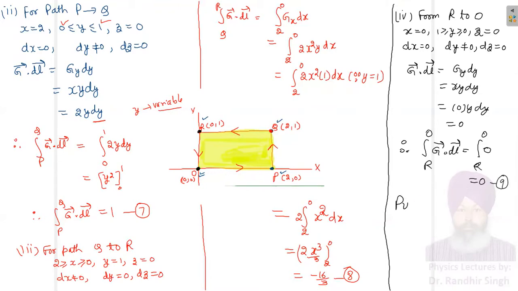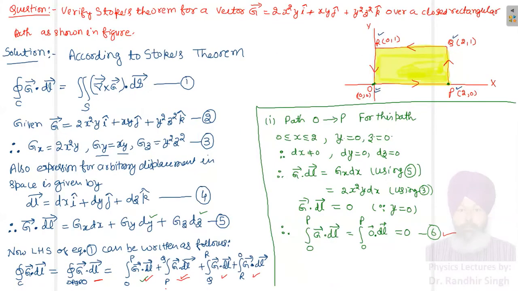So if you put values from equations 6, 7, 8 and 9 in the equation, let me see what that equation number is.